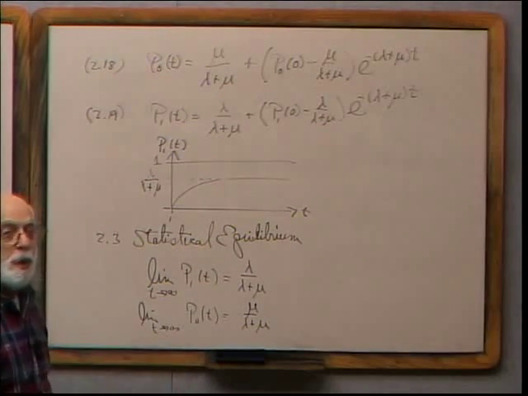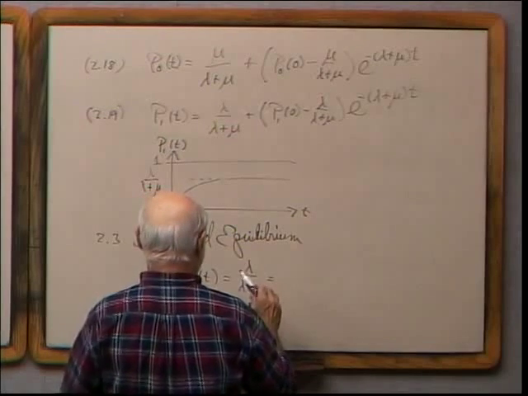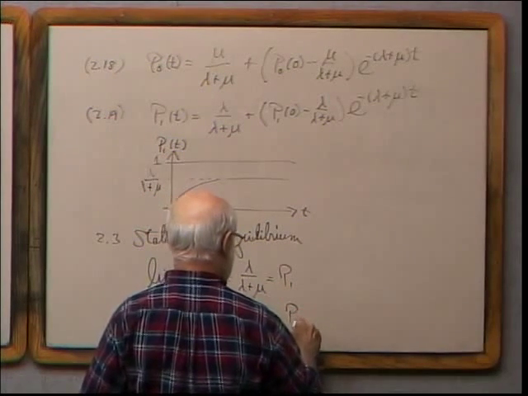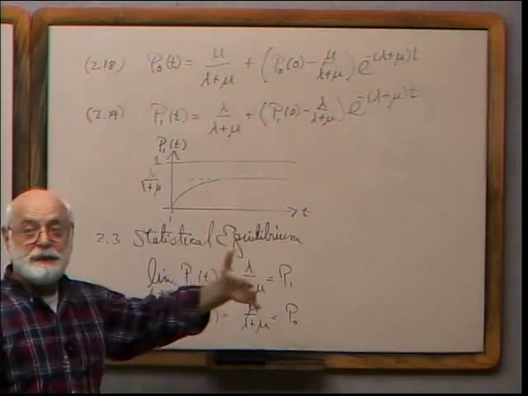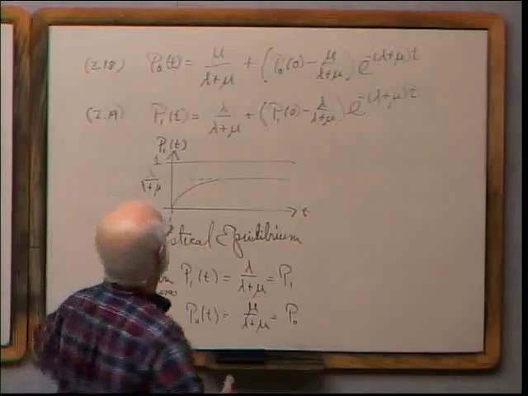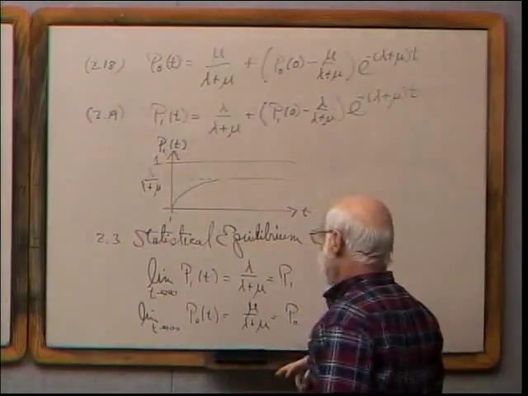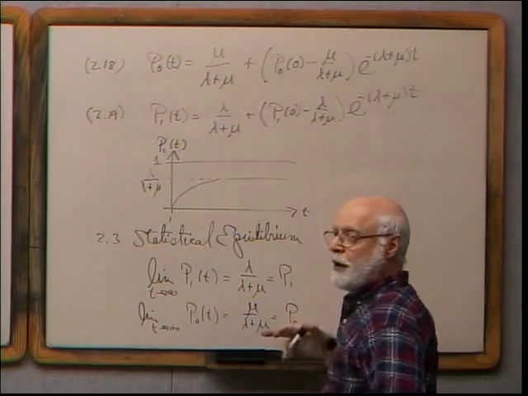So this has a limiting value which I'll call p1, and that has a limiting value which I call p0. The limiting value is independent of the initial condition, as you could see by simply taking the limits here and here. So obviously the limiting values are the probabilities primarily of interest.